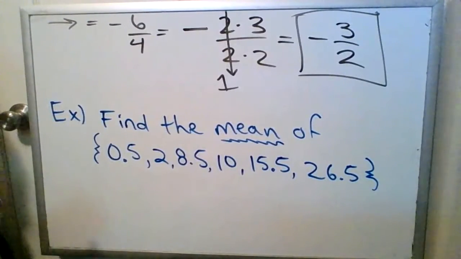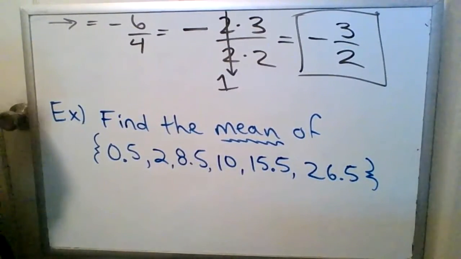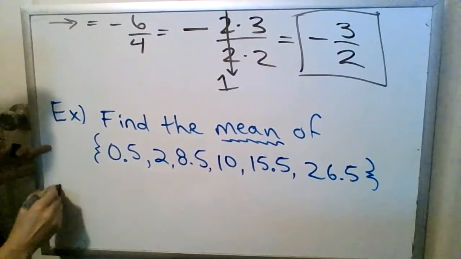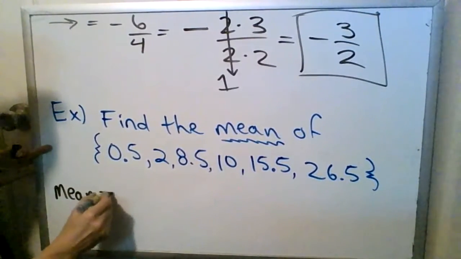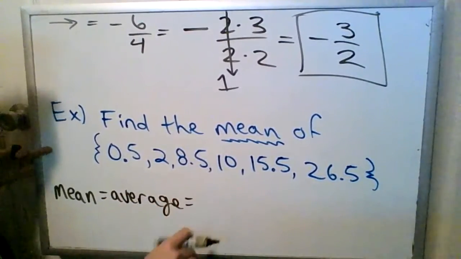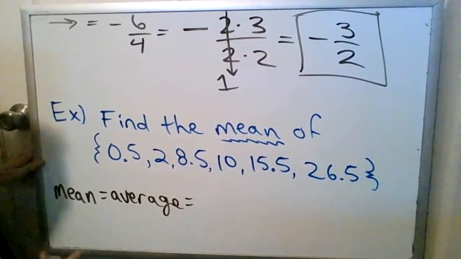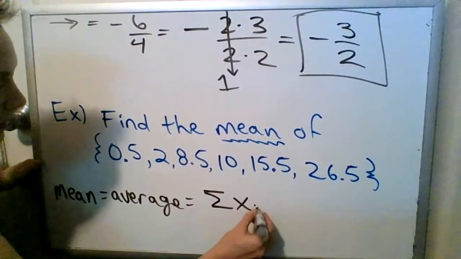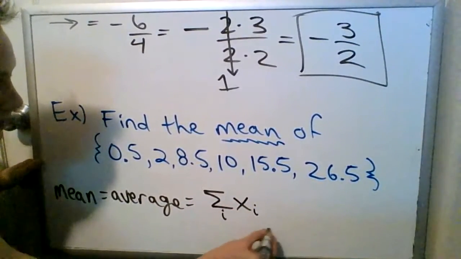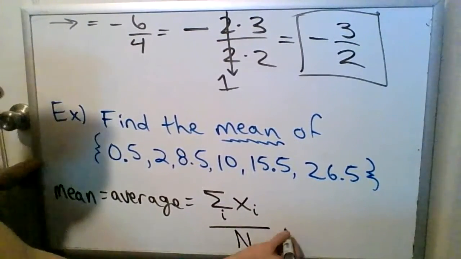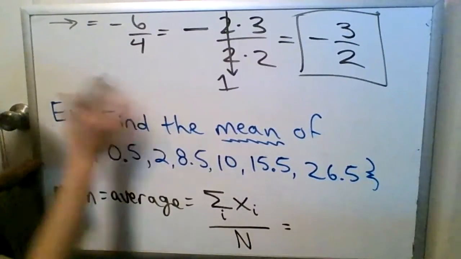So mean is equal to the average. Which is where we sum x sub I for all I and divide by n. I'm going to work that out at the top.